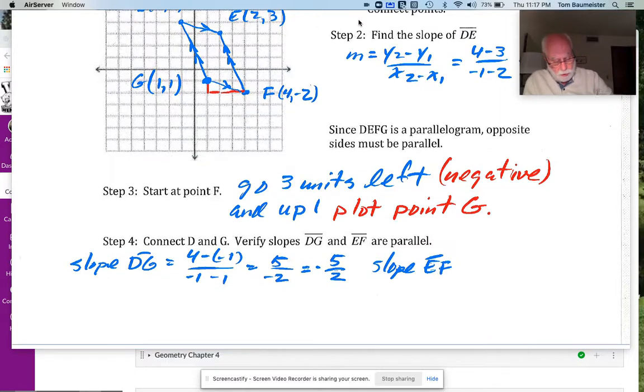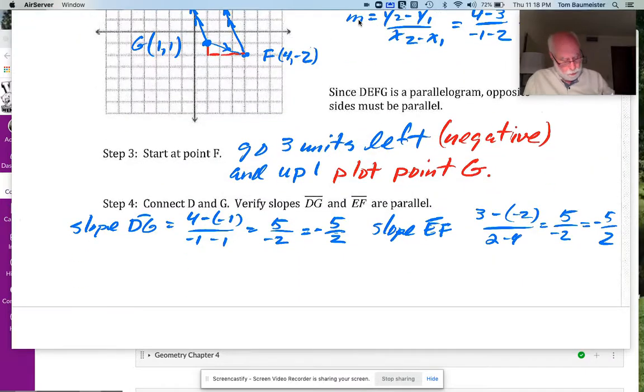The slope of EF, again, it doesn't matter which one you choose as x1, y1, x2, y2, all right? But just remember, stay the same. So I'm going to have 3 minus a negative 2 over 2 minus 4, which is also 5 over negative 2, which again, I can bring it out. And I'm always saying just bring it out, because what if the negative was on top? It would still be negative 5 halves for both of them, ladies and gentlemen. So we know that is okay. And so we are good.